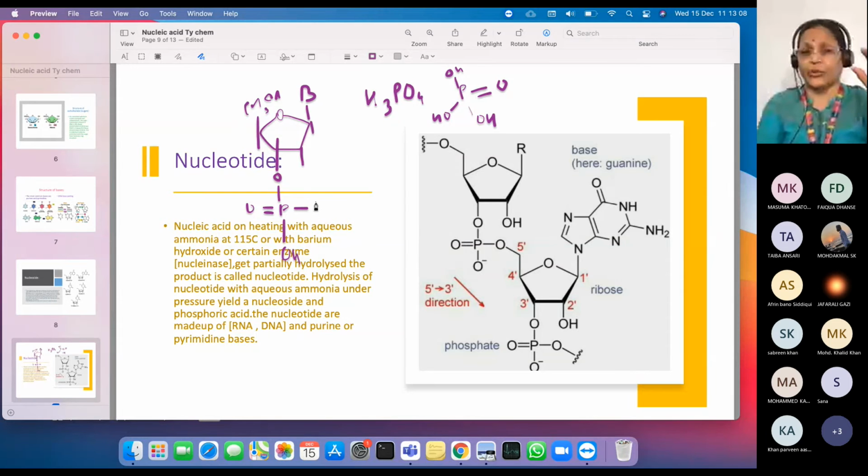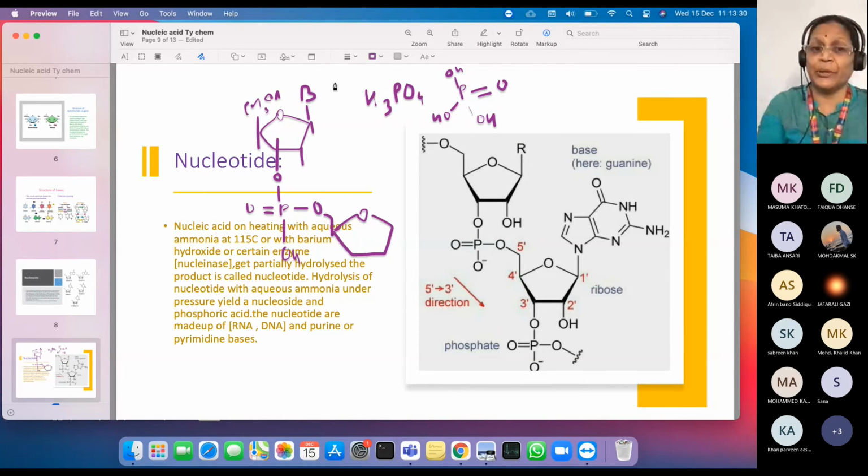It will remove OH from here, and that new sugar's fifth CH2OH will remove a water molecule, and now this is going to have a connection over here with this new sugar. I will put here O and I will put here like this. New sugar.